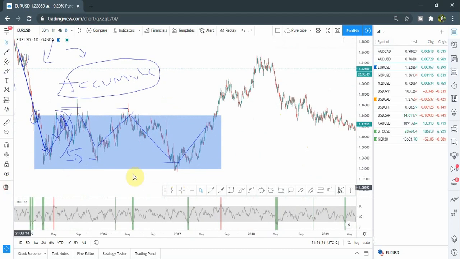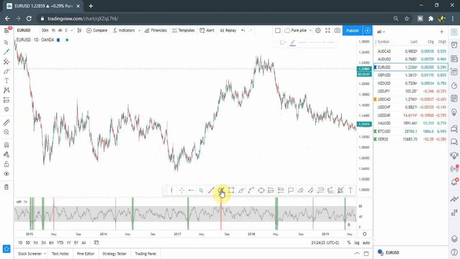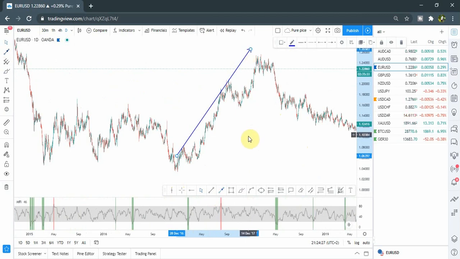Then it comes to the next phase, which is the markup phase, whereby the market sentiment is shifting from being neutral into being positive.